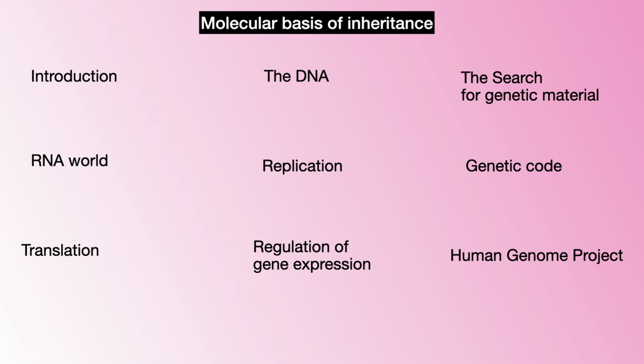Second, identify all 20,000 to 25,000 human genes. Third, store this data and create better tools for analysis. Fourth, address the ELSI, that is, ethical, legal, and social issues that come with knowing our genetic secrets.